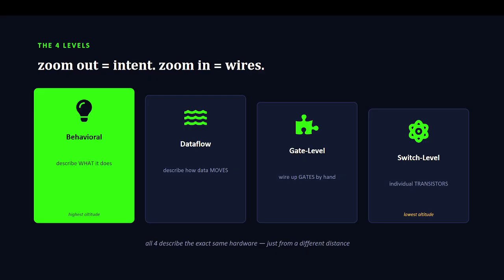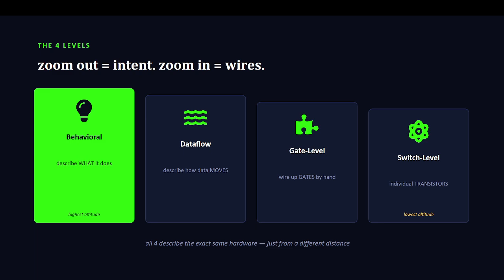Here is the big picture before we go level by level. Picture it like this: you are looking at a circuit through a camera and you can zoom in or zoom out. Zoom all the way out, behavioral. You just describe what the circuit does, like reading a datasheet summary.